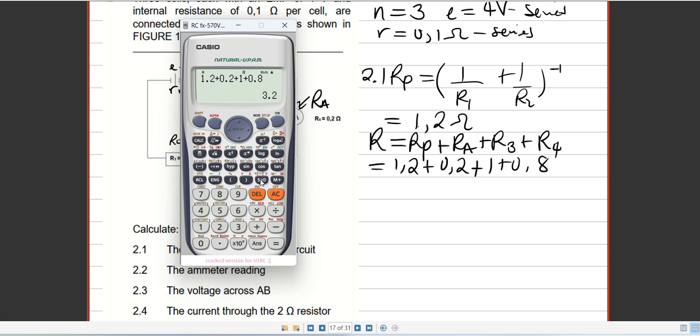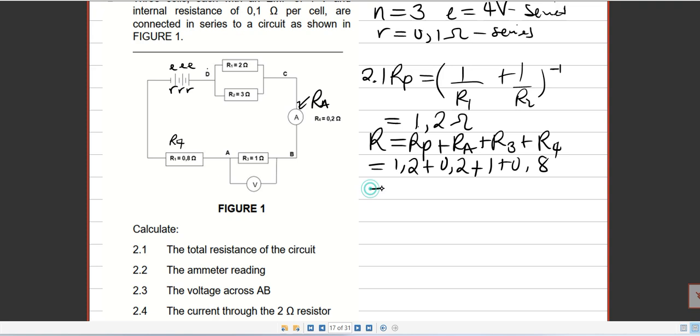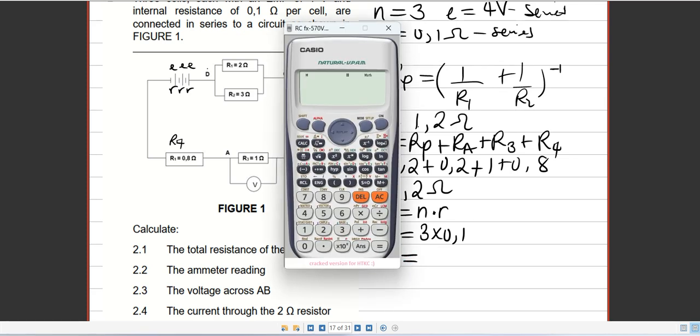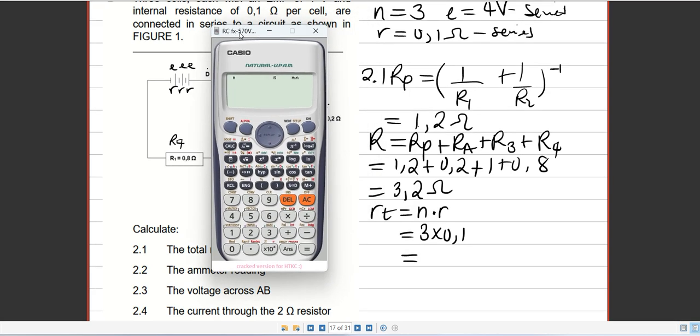We have 3,2 ohms. Internal resistance is the number of cells times each resistance. So we have 3 cells times each resistance, which is 0,1. So here we have 3 times 0,1.